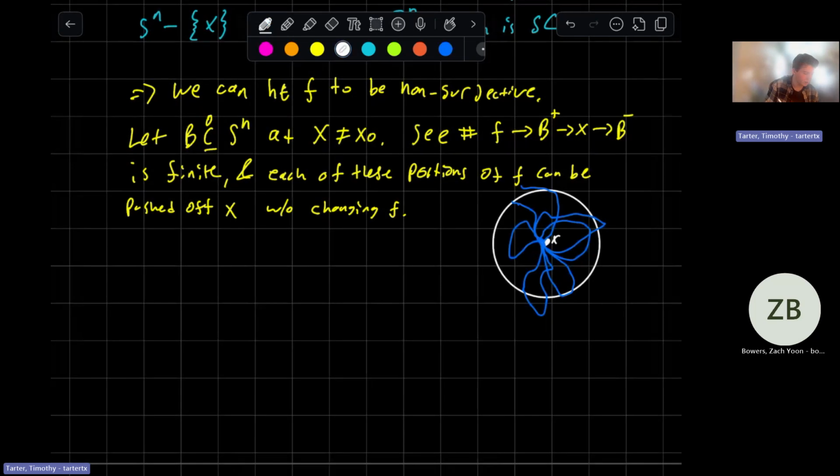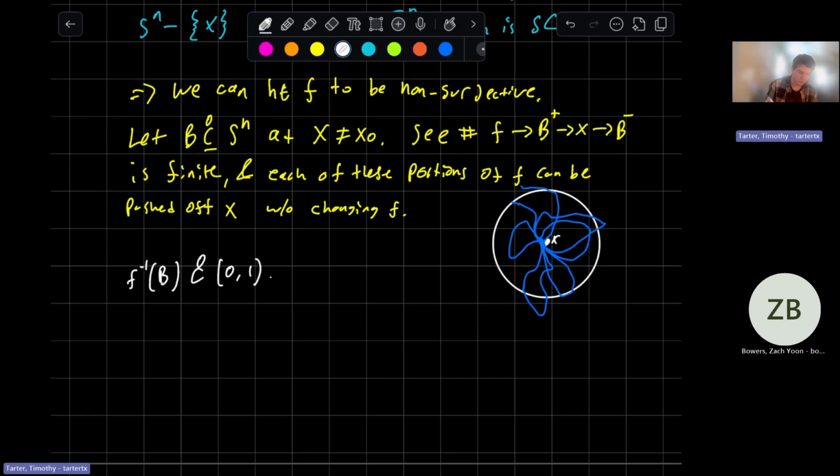So this construction is: f inverse of the ball is open in the open set (0,1). That's really abusive notation, but whatever.